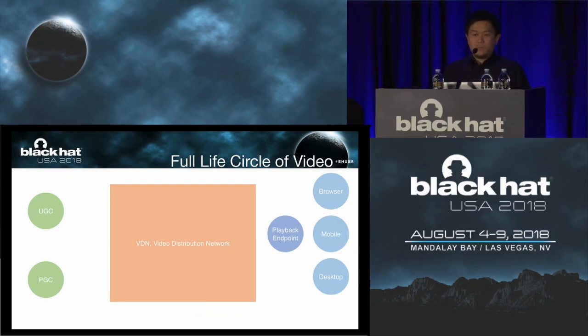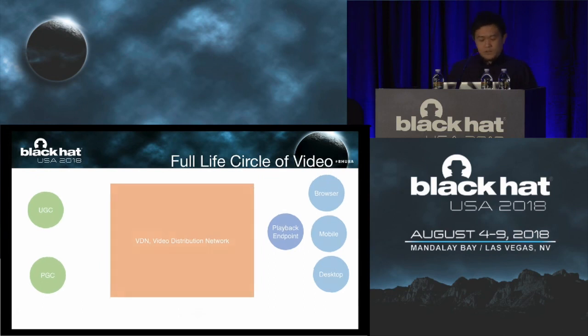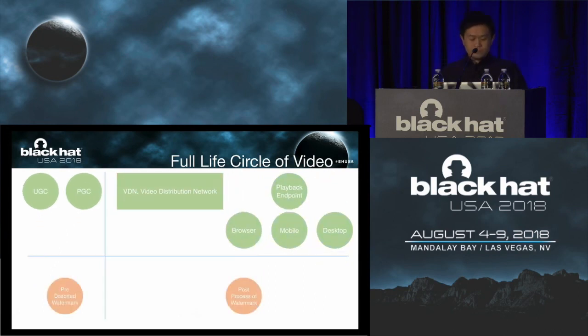After that, the full life cycle of video: there is the content side, where we have user-generated content, and PGC, the professionally generated content. Then they pass through the CDN, the content distribution network, and come to the playback endpoint, which includes browser, mobile and desktop. From the content side, we want to do some pre-distortion to distort the watermark before uploading.